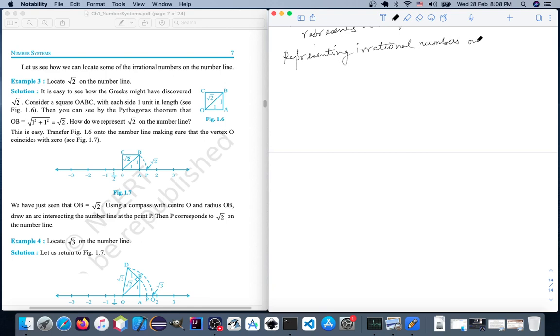Representing irrational numbers on the number line. So it starts with Example 3, which says: how do we locate the irrational number square root of 2 on the number line.